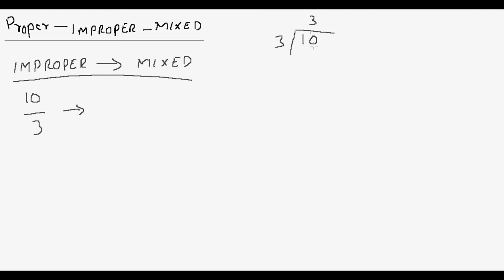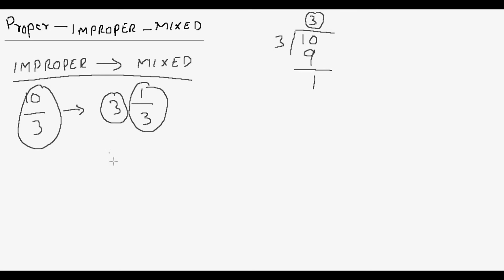Here 3 goes into 10 three times, which is 9, and the remainder is 1. So this can be written as 3, the integer part is 3, and the remainder 1 over the denominator 3. Now this improper fraction is converted to a mixed fraction which has an integer part and also a proper fraction.